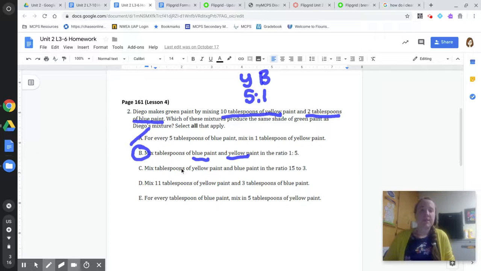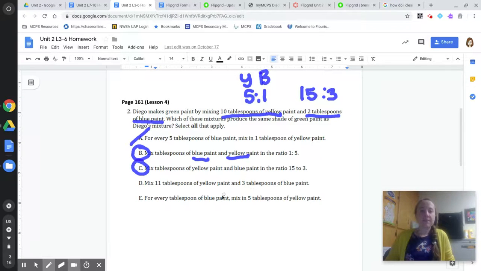Letter C, mix tablespoons of yellow paint and blue paint in the ratio 15 to 3. So we're good so far in that there's more yellow than blue. And I can see here that 15 to 3 would be an equivalent ratio to 5 to 1. I multiplied each part by 3, so C also works.